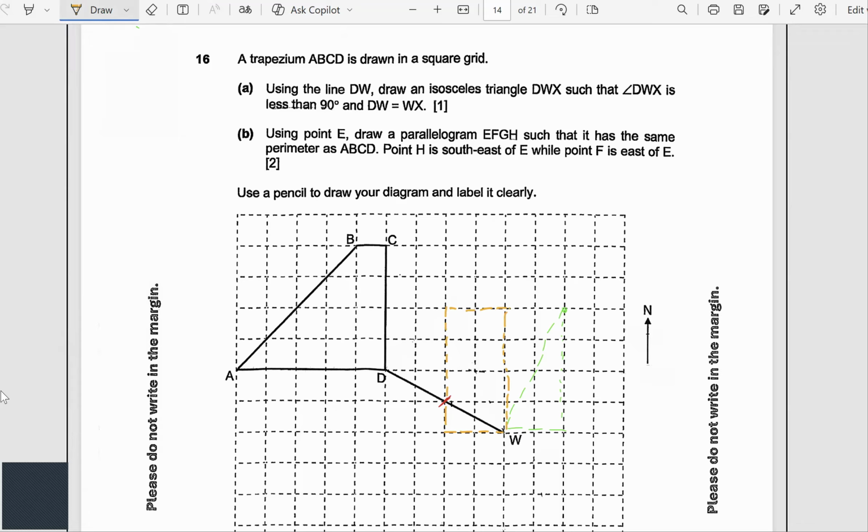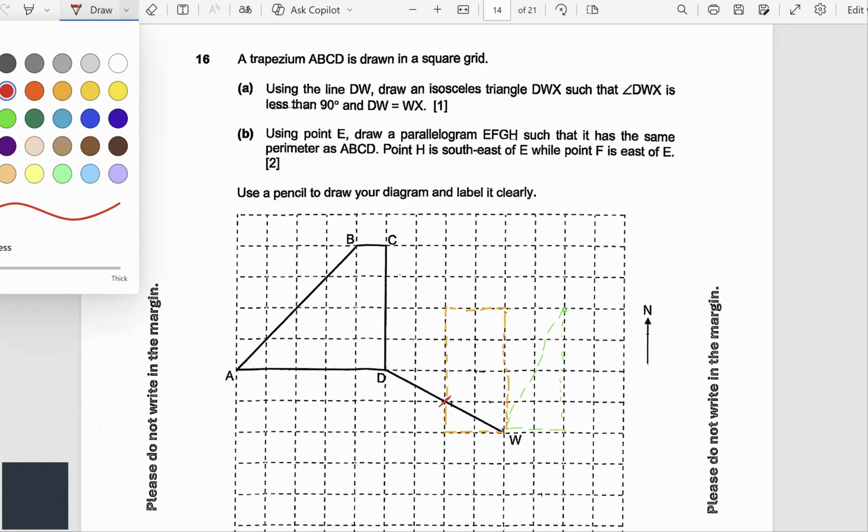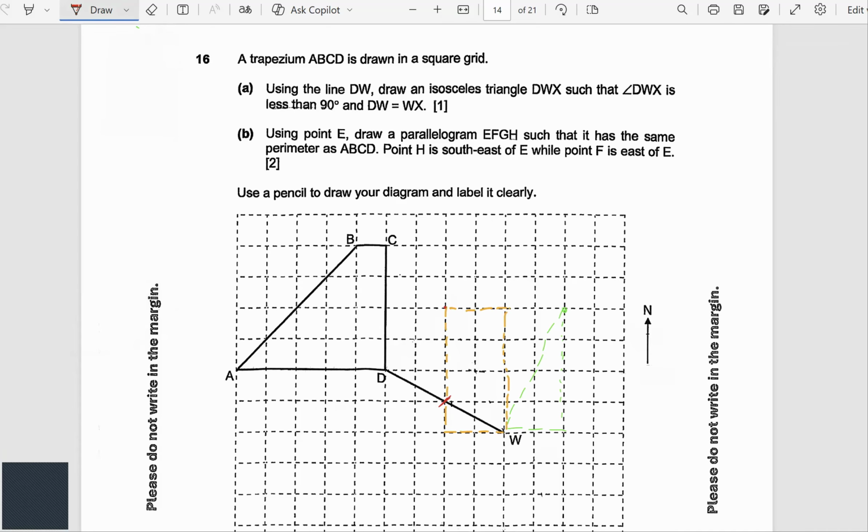So as long as you cut through 8 squares, the length of the side will be the same. So here, like that. And this is your X. And this will be equal. Okay, you just need the lines in red. Then you connect this. So you have D, W, X less than 90, and you also have these two equal sides.